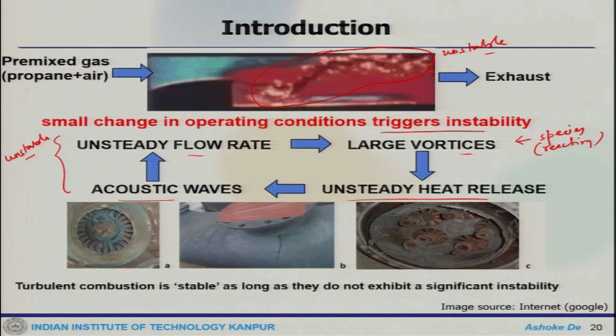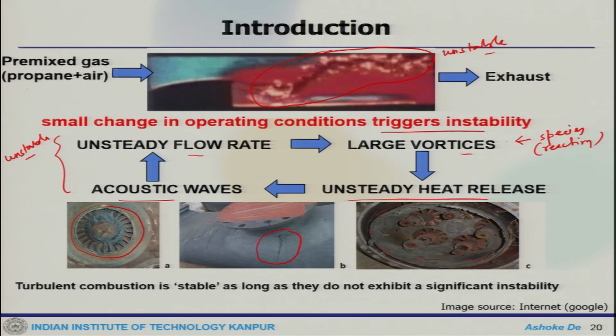Once you have this unstable system, you may have some consequences, and these are some of the images of those things where you can see there is a big crack on the combustor wall. You see what happens to the fuel burners, some damage to the dump plane and the combustor walls.